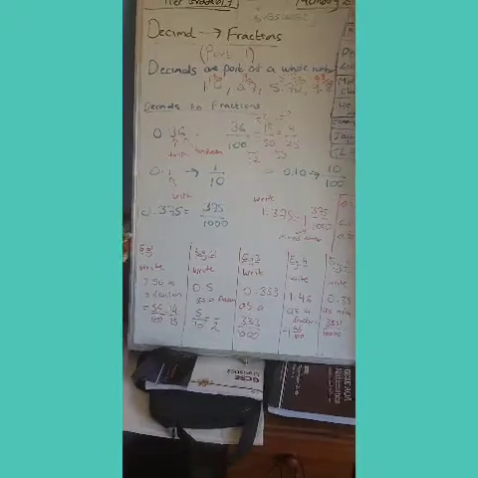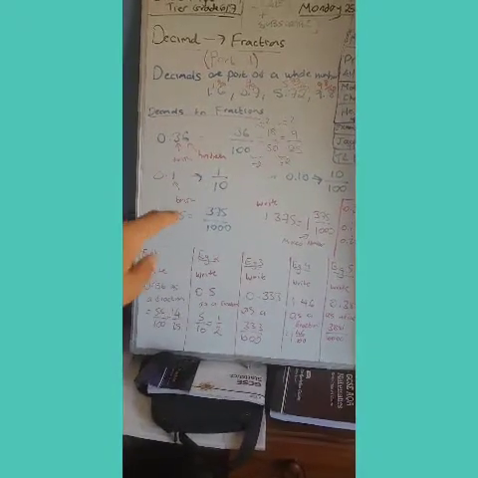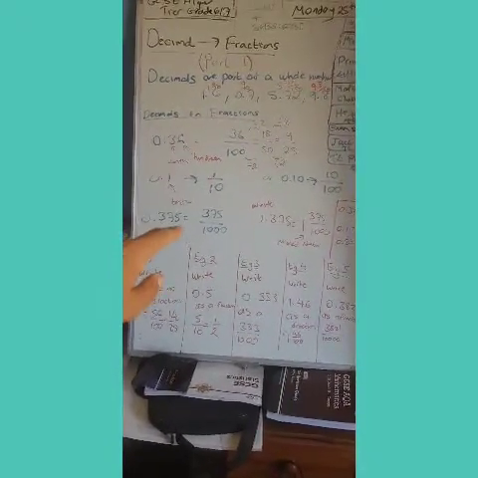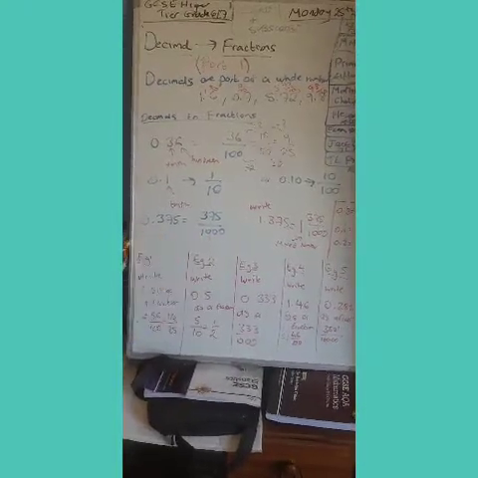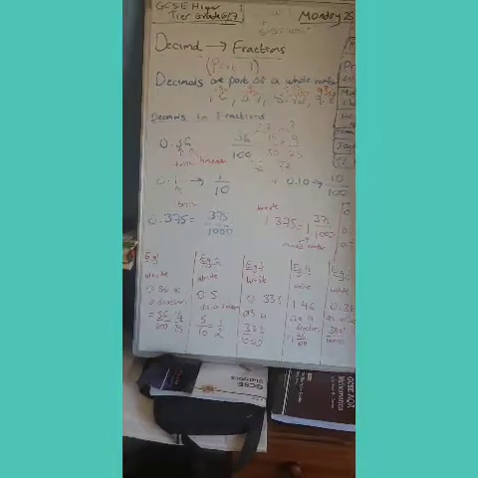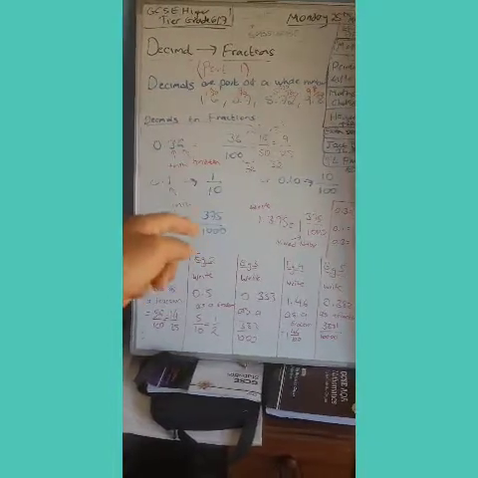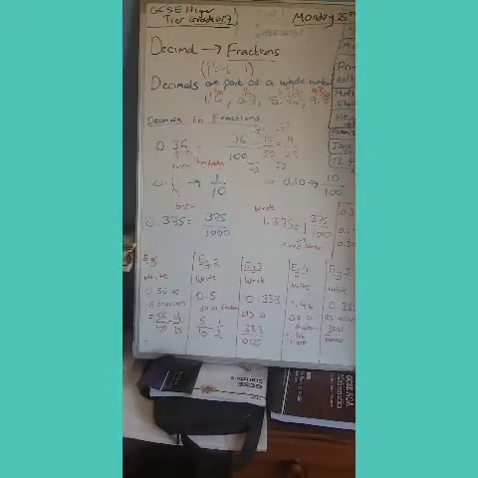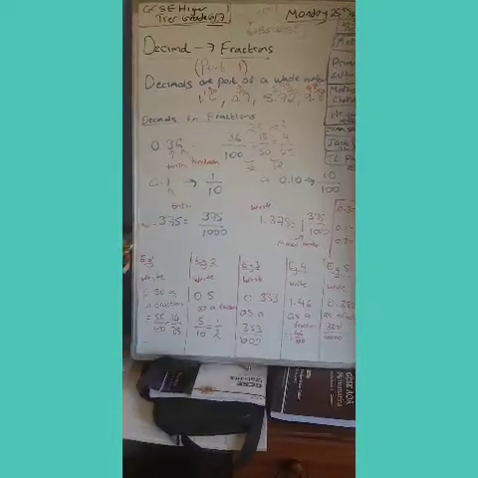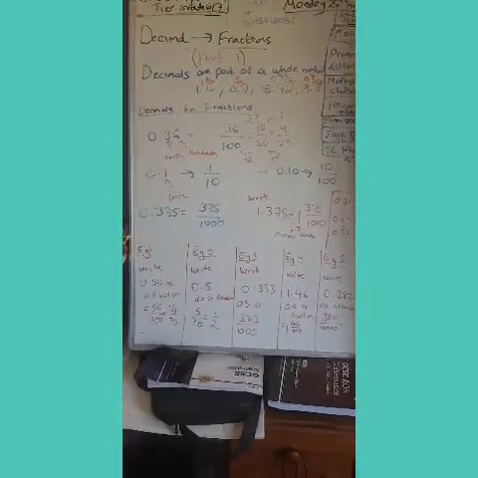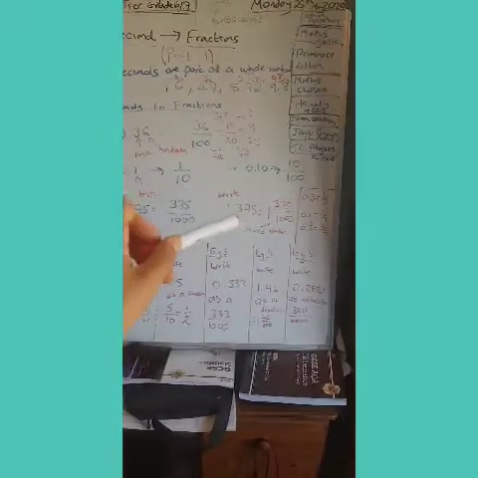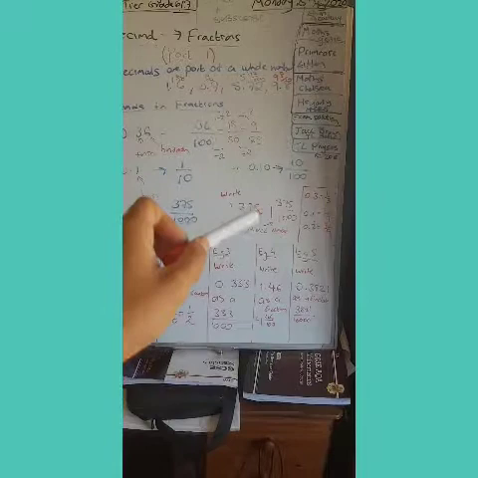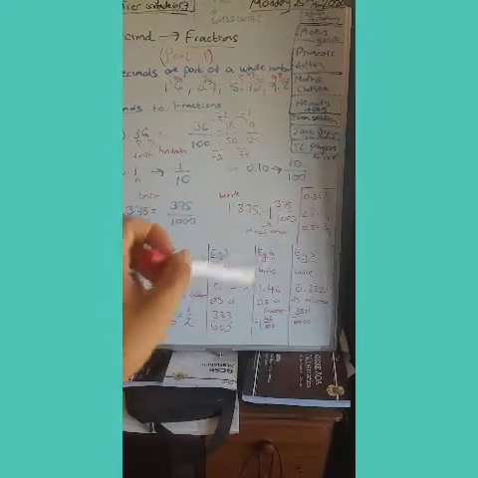Looking at 0.375, the last digit is the thousandths, so it will be out of 1,000, which can also be simplified if you want. You can divide top and bottom by 5, if you're interested. A few more. Write 1.375, that would be 1 and 375 over 1,000.